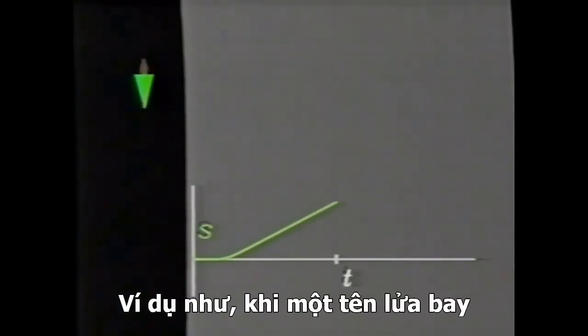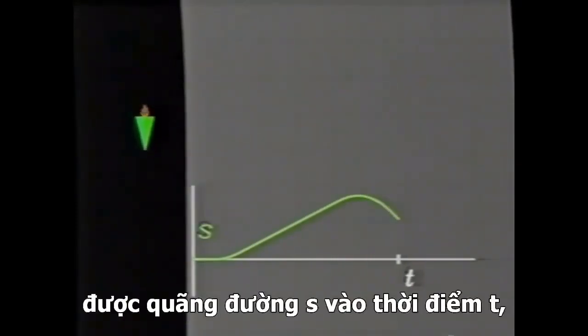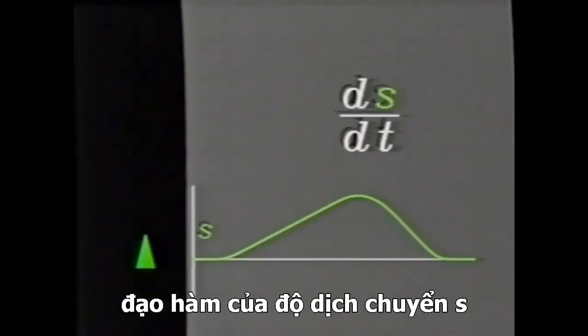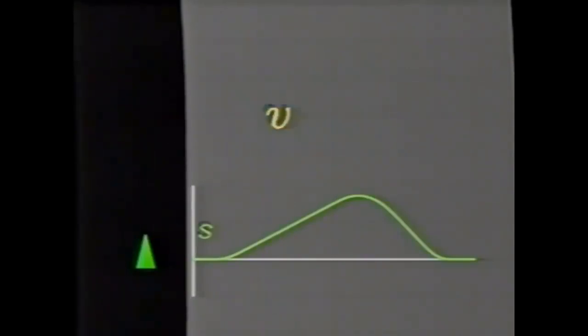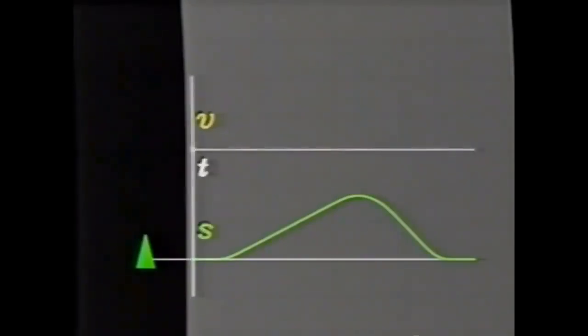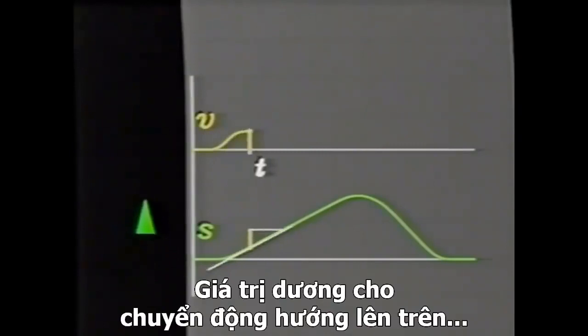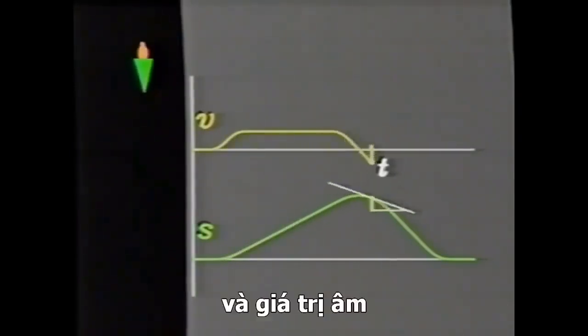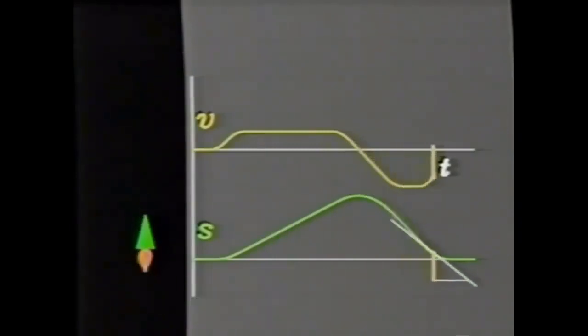For example, when a rocket moves with displacement s at time t, the derivative of the displacement is the velocity. Positive for upward motion and negative for downward motion.